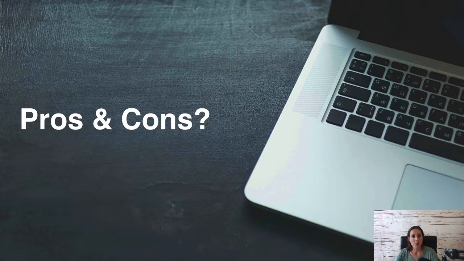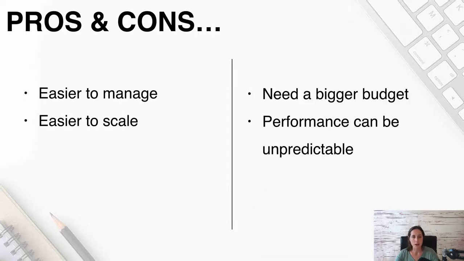So what are some of the pros and cons of CBO campaigns? The pros are that they are easier to manage and easier to scale. You're not changing 4 different ad set budgets, you're only changing the one campaign budget. But you do need a bigger budget, and in my experience the performance can be a little bit unpredictable.